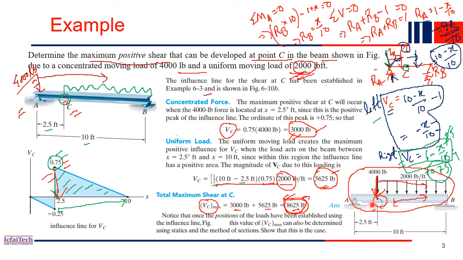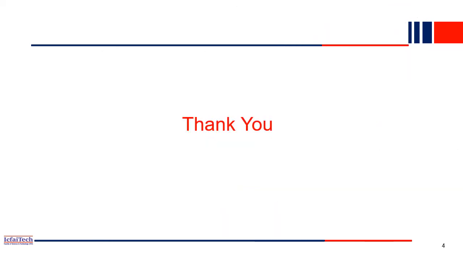Whenever we design this entire beam, we have to take care of the 8625 shear force. Whatever section we design, if the section withstands that much shear force, then only our beam will be safe. That is the importance of the influence line diagram.